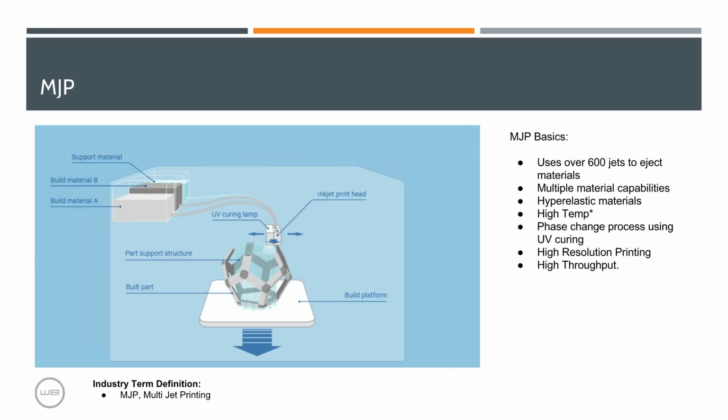You'll notice it's an extrusion-based technology like the plastic jet printing, except, I like to say, on steroids. Where plastic jet printing was just 1, 2, maybe 3 extruders at a time, we're talking about over 600 jets that eject material out of this machine.